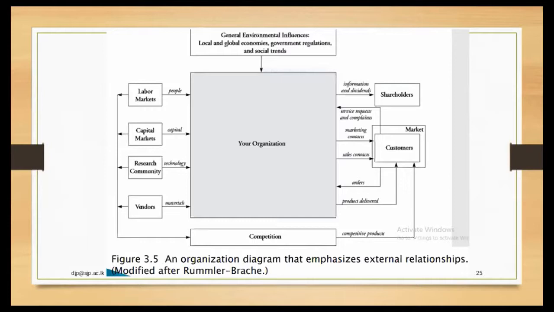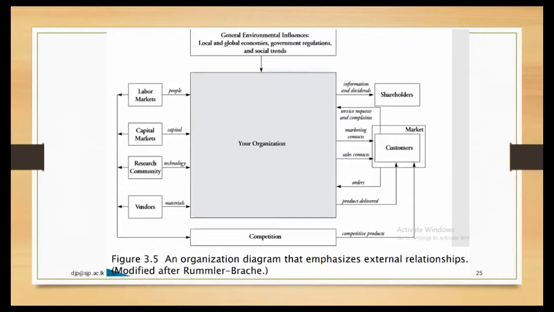Below the company box, we have a rectangle for competitors, right? Next to your organization, they have this rectangle for competitors, companies that compete with the organization for inputs from suppliers and for customers. Who are the competitors?